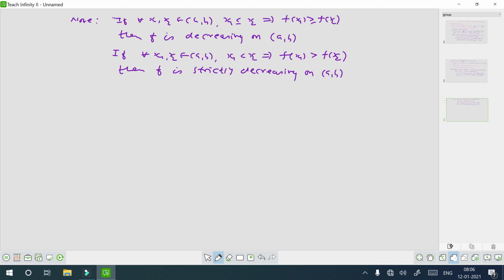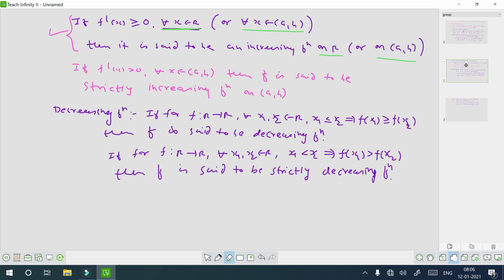Now likewise, one note. See here, first derivative greater than or equal to 0, then it is increasing, and first derivative only strictly greater than 0, then it is strictly increasing.